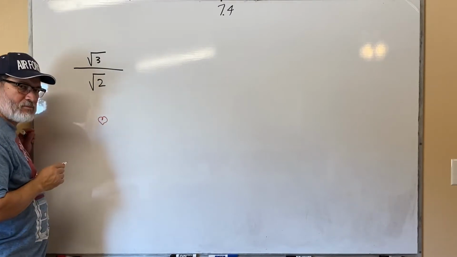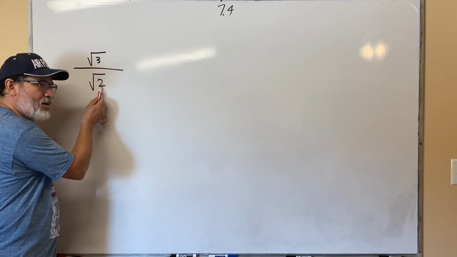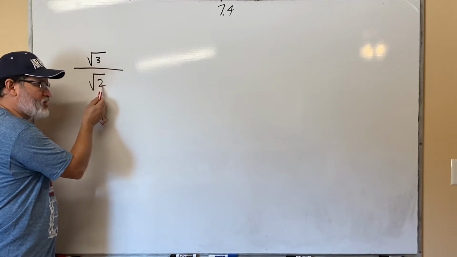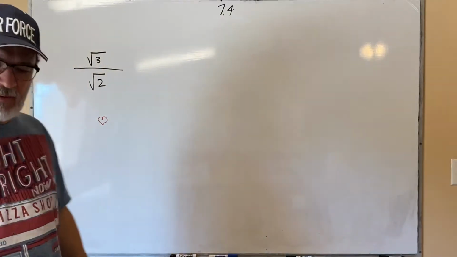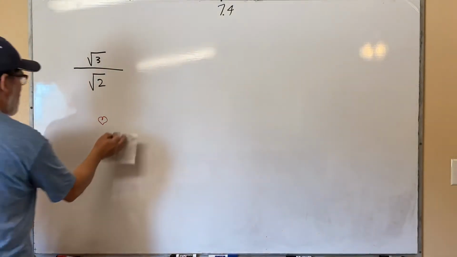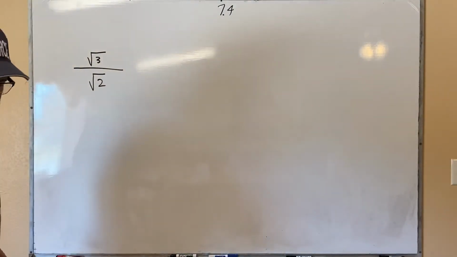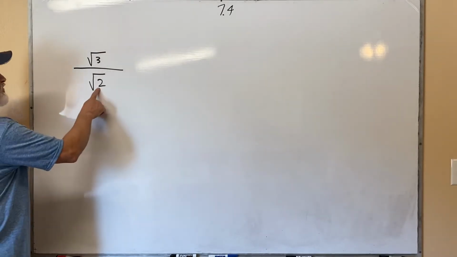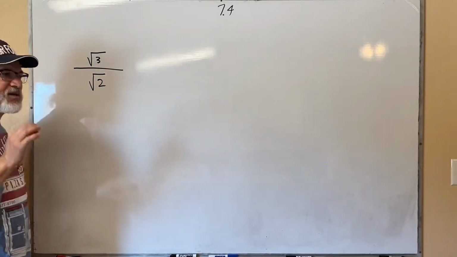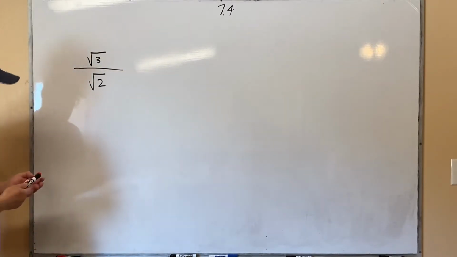You have to make this into a perfect square. We love perfect squares, okay? So that's what you need to do. So look, how can I make this a perfect square? And it has to be done legally, okay?